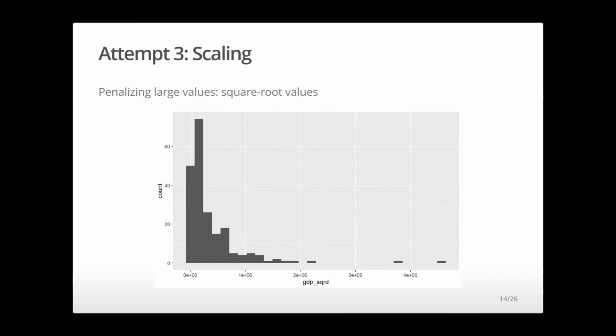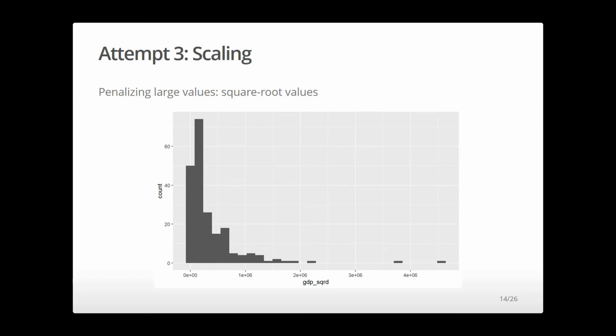Let's take the square root of our GDP values and see what we get. All right, now we're cooking. More of the variation among the values in the bottom 80% of our data is showing up as that cluster starts to spread out, and our extreme values are getting more and more squished. It seems like we're on the right track, and maybe we just need to squish a little harder.